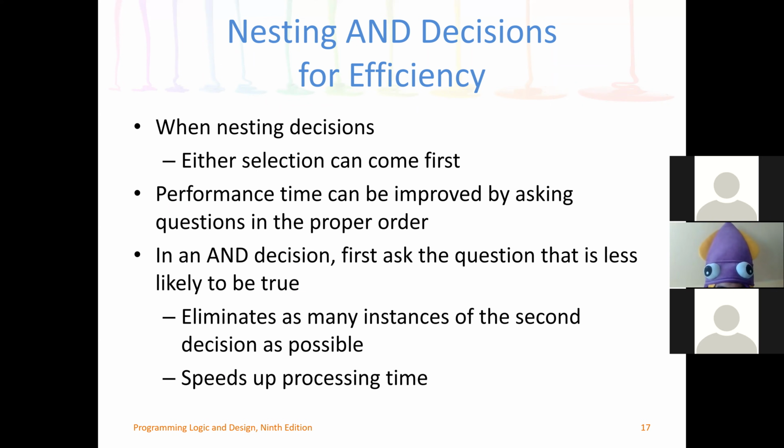For example, 1 times 1 is 1, but 0 times 1 is 0. 1 times 1 times 1 times 0 is 0. That's the binary algebra. But when you are doing OR, it's like addition because 0 plus 0 is 0, but 0 plus 1 is 1. 1 plus 0 is still 1. 1 plus 1 is still 1 for binary algebra.